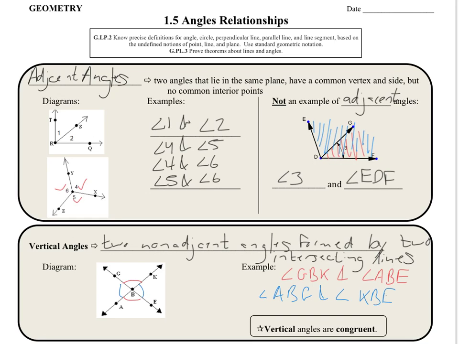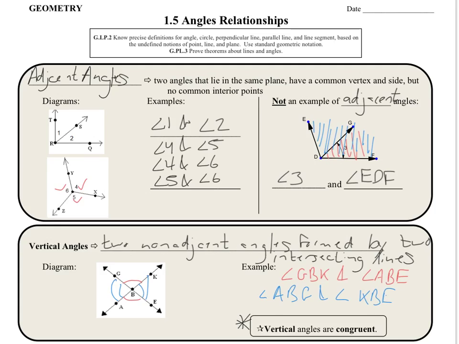Now something that's very important that you need to know, and this will be something that we will be using throughout the entire year in geometry, is that vertical angles are congruent. So in this case, we know that GBK is congruent to angle ABE, and also angle ABG is congruent to KBE.